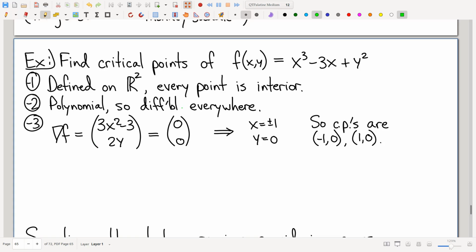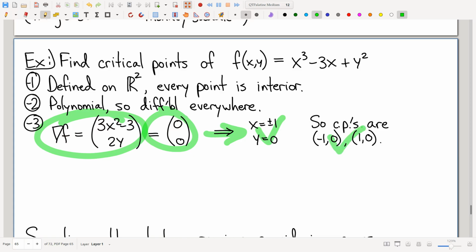This is a polynomial which is differentiable everywhere, so we don't get any failure of differentiability critical points. So all we have left to find critical points is to compute the gradient, set it equal to 0, and solve. And in this case, it works out pretty easily.